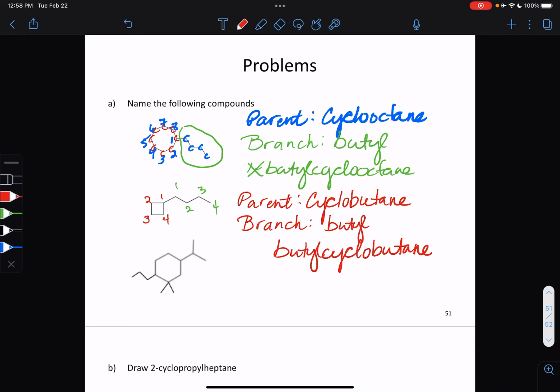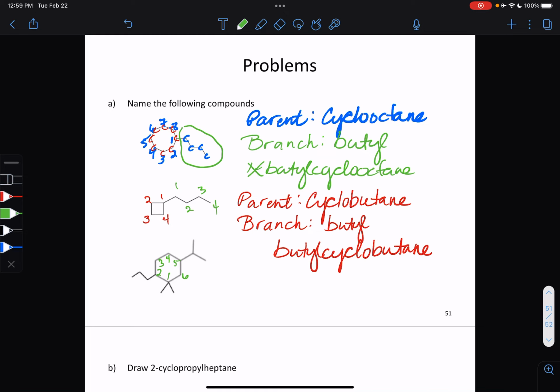Alrighty, moving down to the chicken looking thing down there. What are we gonna do here? Well, we could number this structure a number of different ways. So we want to keep the combination of numbers the lowest it possibly can be, because that's IUPAC rules. So what I would do is 1, 2, 3, 4, 5, 6.